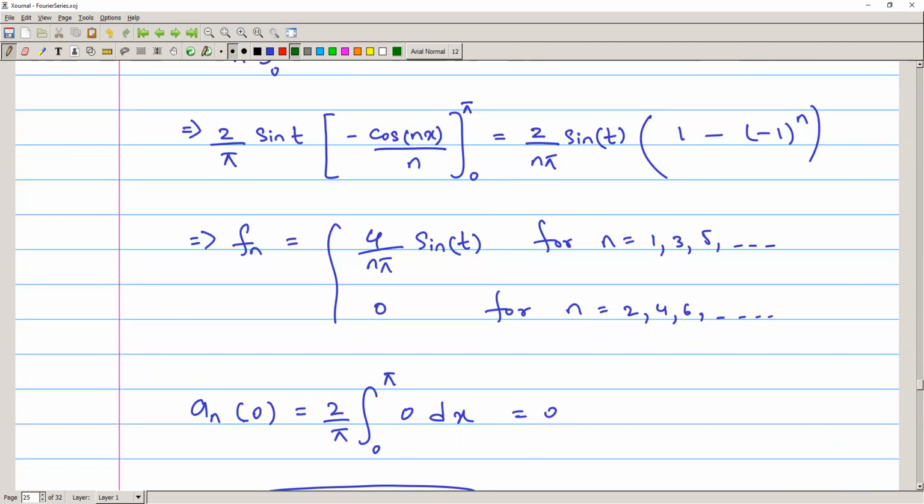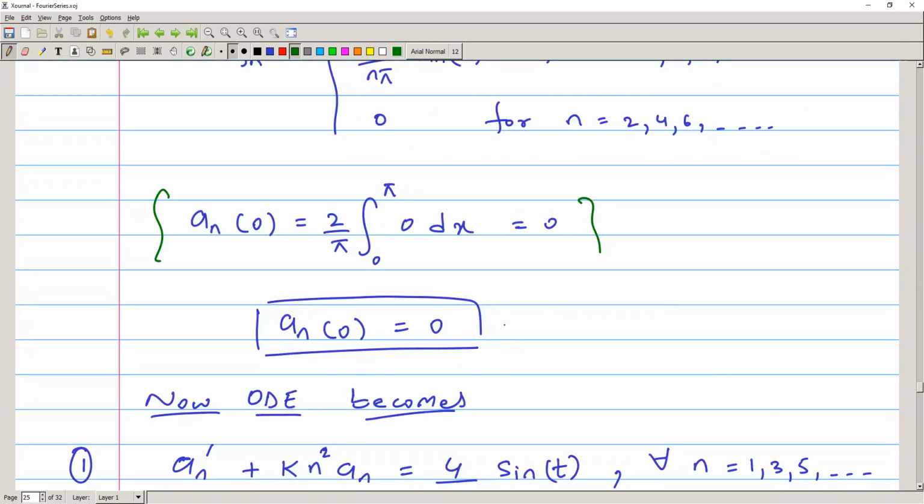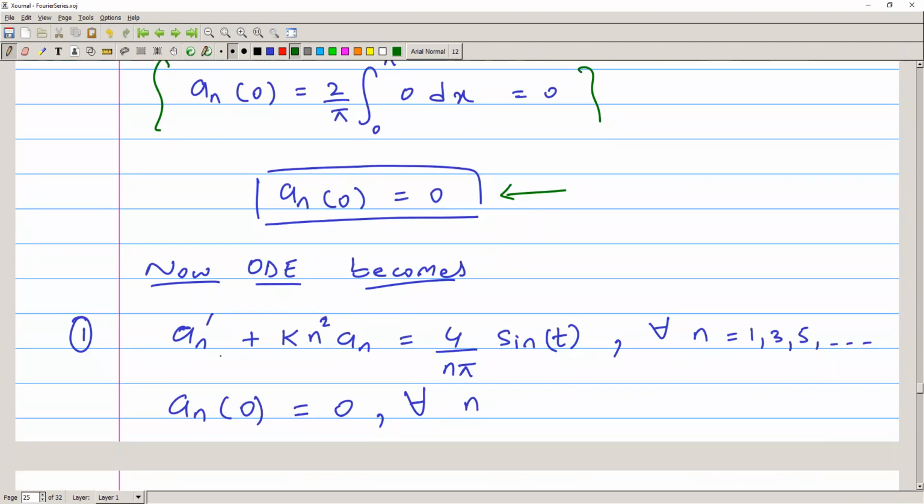And again, an of 0 will be 0 because the initial condition is 0, so no need to find this an. So the ODE becomes an prime plus k n squared an is equal to 4 over n pi sine t.